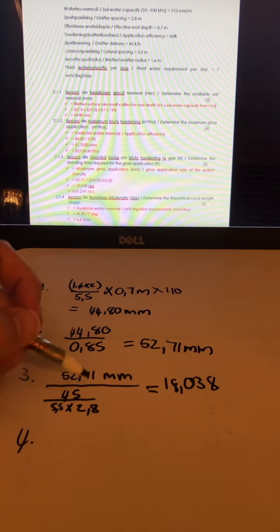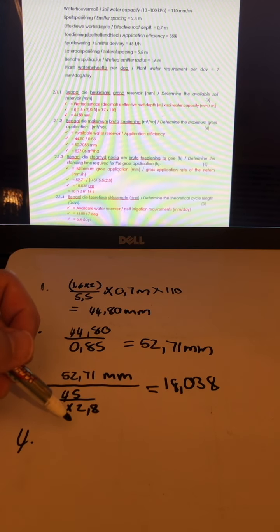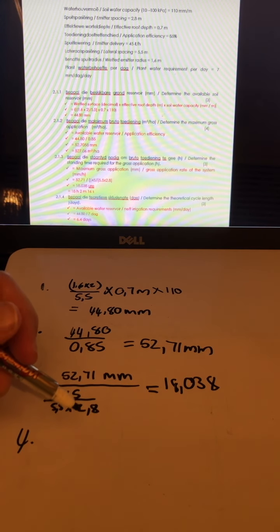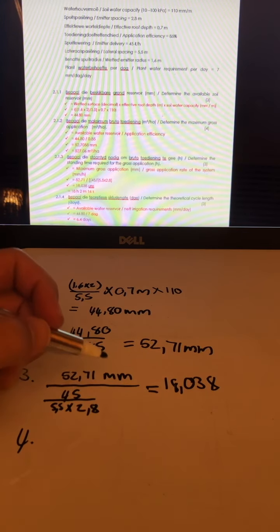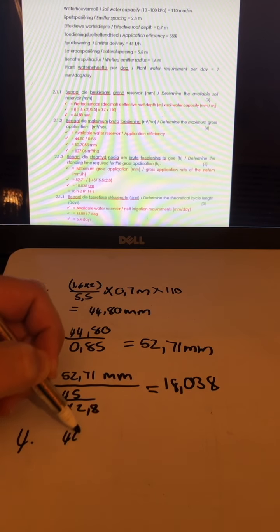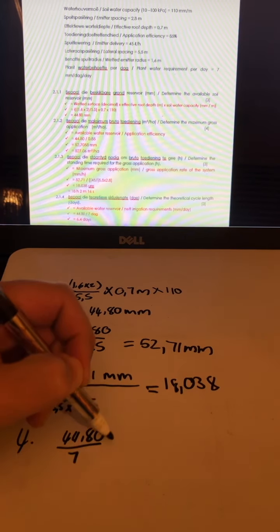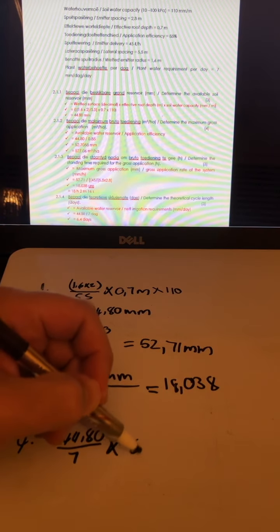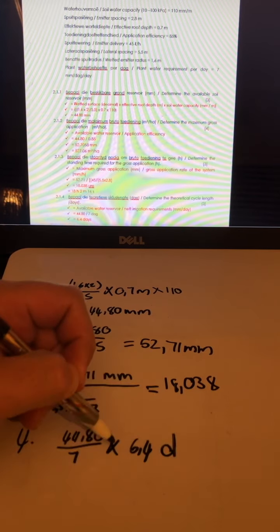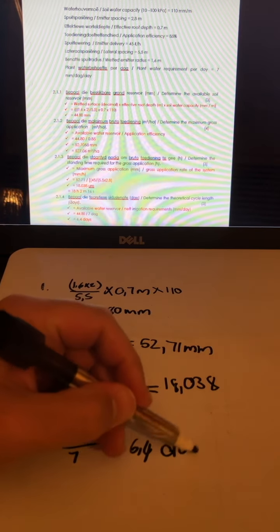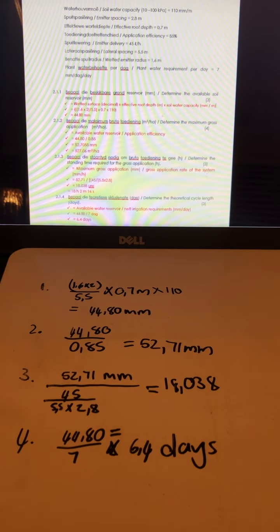So if your plant requires 7 millimeters per day, and your available water reservoir is 44,80 millimeters, then taking that and dividing it by those 7 millimeters per day will give you 6.4 days. And that is how you do these calculations.